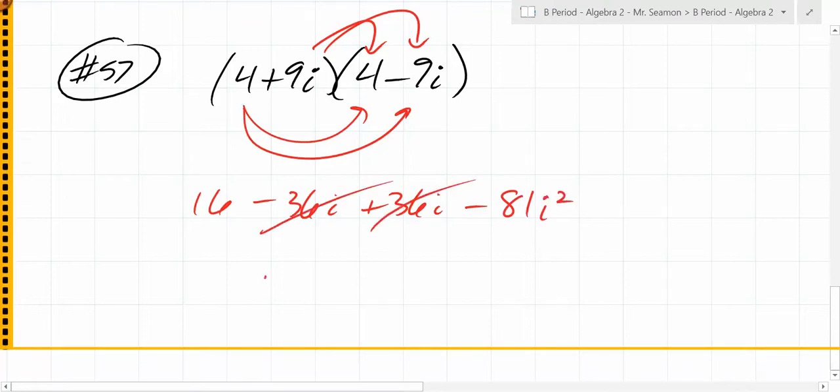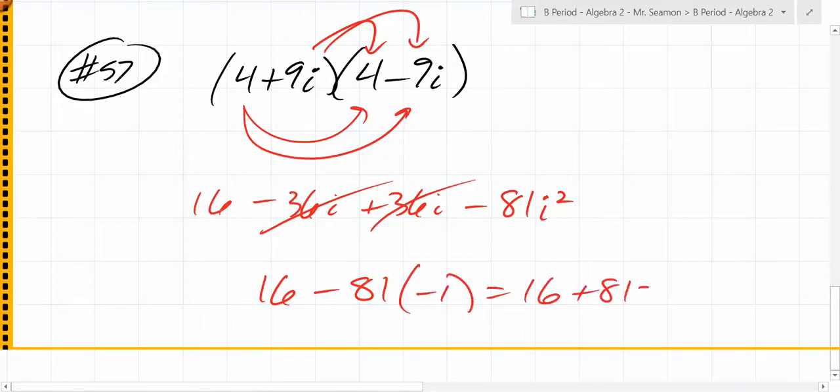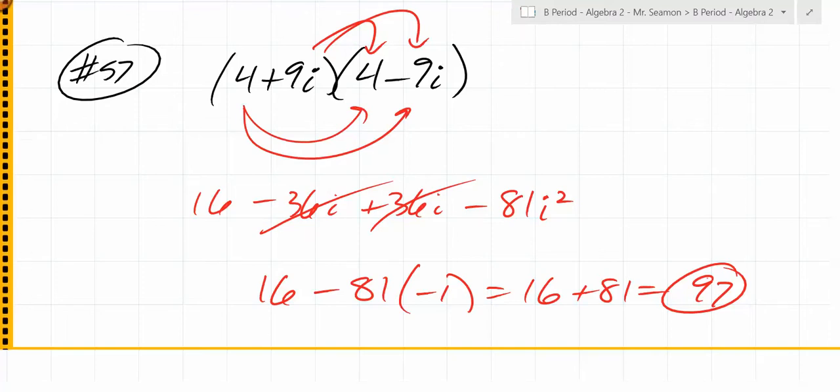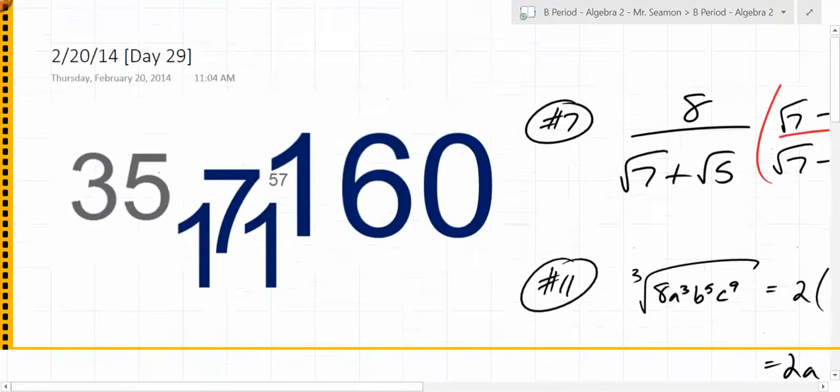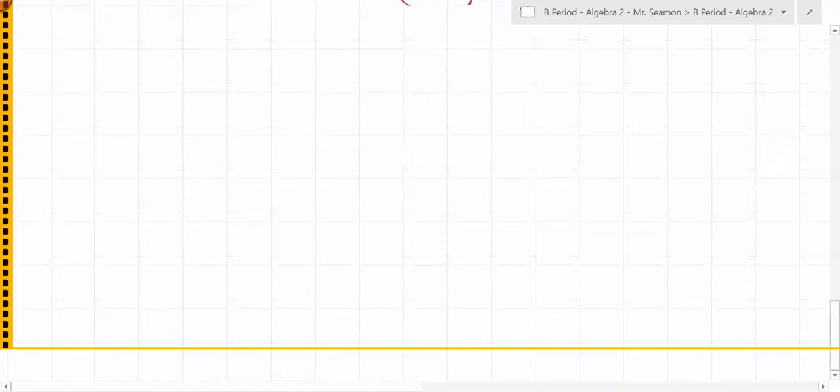That's nice, right? But then you get 16 minus 81 times what is i squared? So this is going to be 16 plus 81, which is 97. It's really easy to miss a negative sign, and then the whole thing falls apart. Super easy, especially when you have i's and i squareds and negatives and things like that. So there's one last one here. What was it, 160? Let's do that.